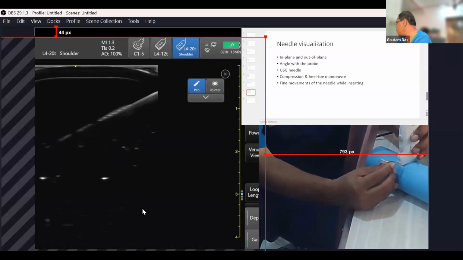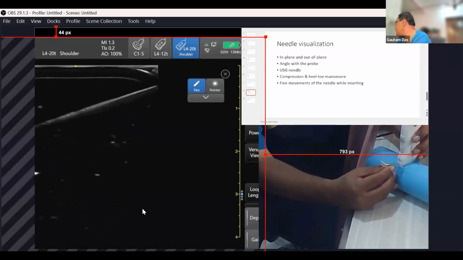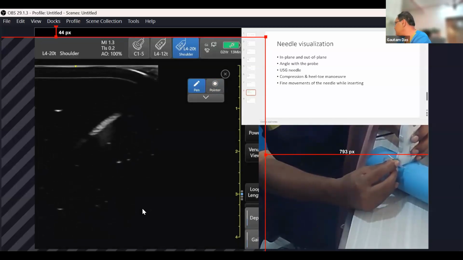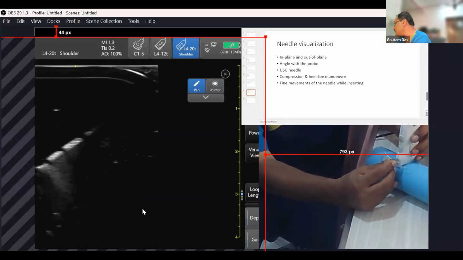Earlier, I showed you that when I'm decreasing the angle, the needle is visible. But when I'm increasing the angle, you see, still it is visible. Still it is visible, even at more than 45 degrees. So this is the difference with the ultrasound needle.